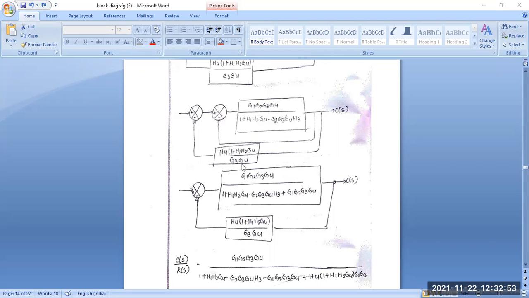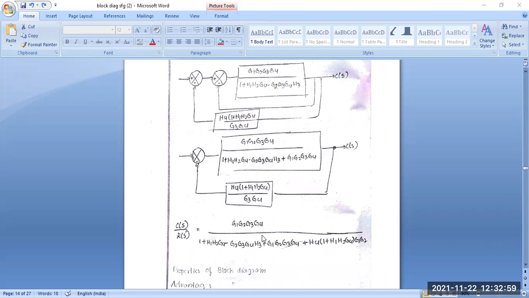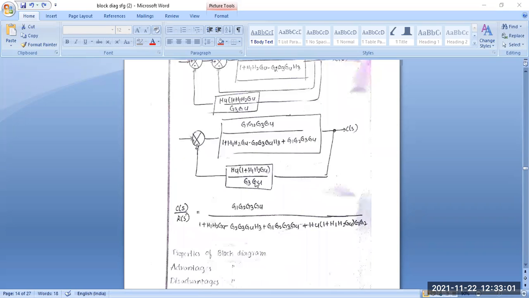Another feedback path is also present here, that is H4, 1, H1, H2. Okay, so in the last step, you have to eliminate this feedback path along with this summing point and these blocks. So now the equation is coming, that is G1, G2, G3, G4, because we have to know the rules. What is the rule?